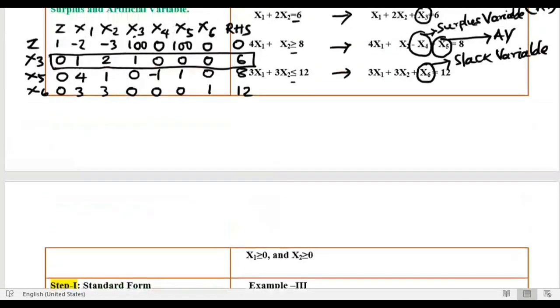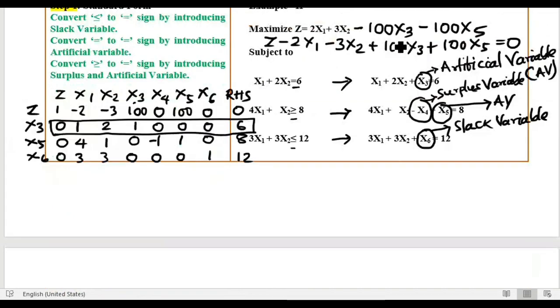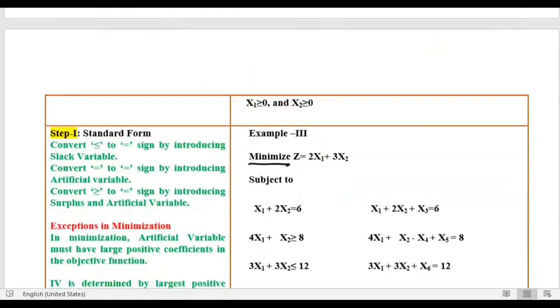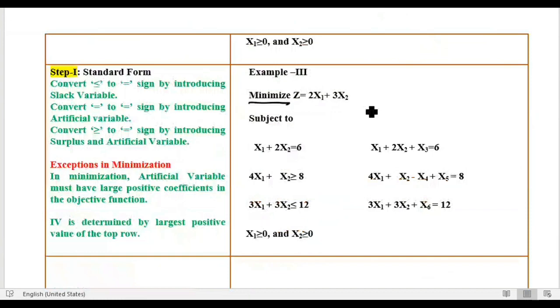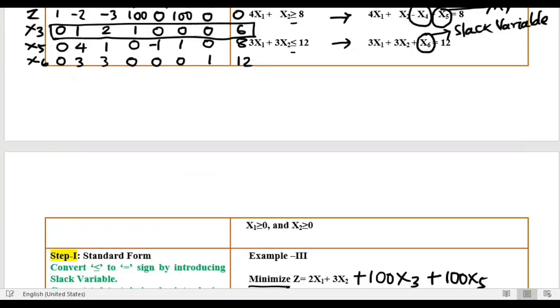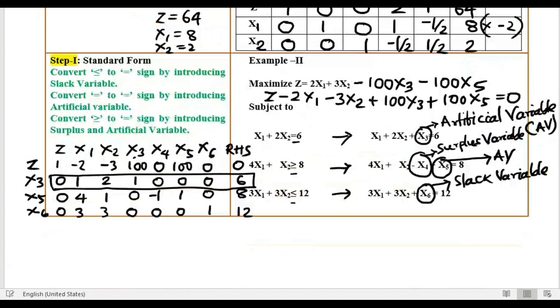Here in maximization we deduct the artificial variable with a large coefficient, but in minimization we have to add the large positive coefficient. That means plus 100x3 and plus 100x5 in the objective function.